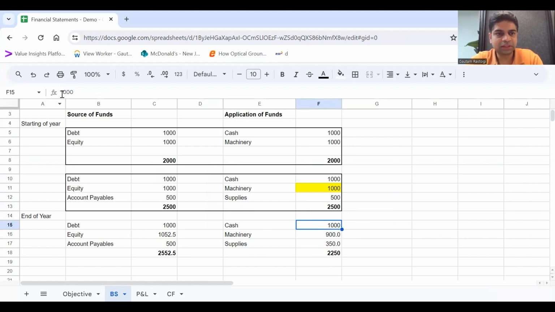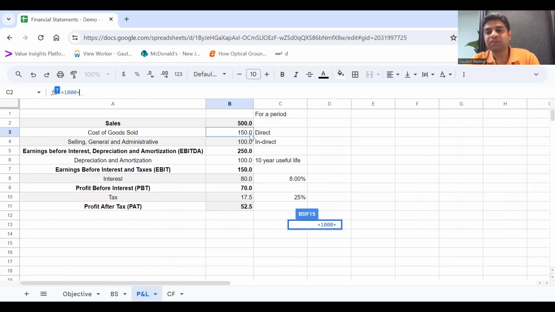Let me go to the P&L. First, let me just add all the cash transactions here, and then I'll construct a formal cash flow statement. First, let me do it quickly. So let's go to the P&L. I said we're assuming that you got this $500 from the customer.